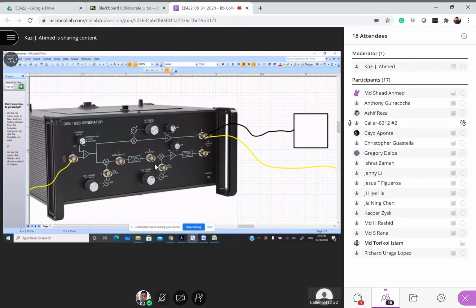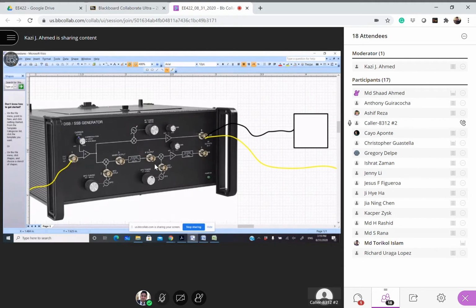So when the gain is maximum, you get an amplified form of the signal. Amplified means you now have a higher amplitude signal, because it doesn't have to do with the frequency. Frequency is fixed to 1000 kilohertz. The gain will amplify the output signal, so you get a higher amplitude signal. The carrier level, as the name indicates, is controlling the carrier, and level means the amount of carrier you're sending.